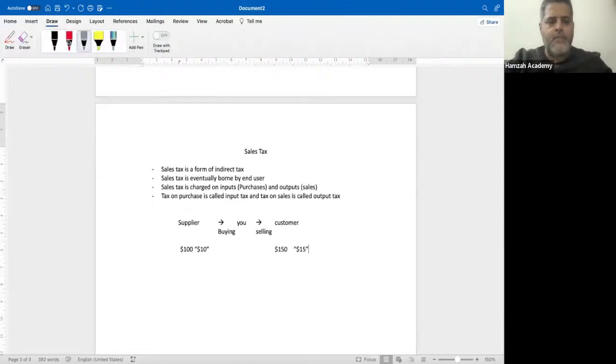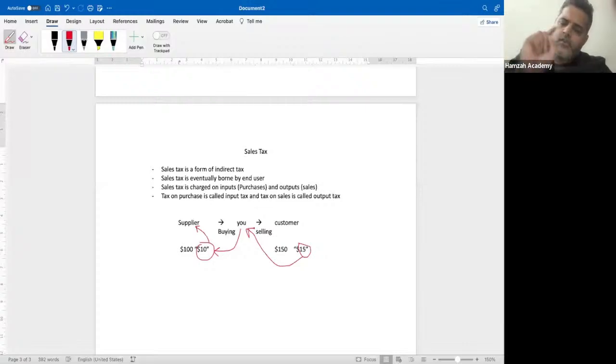So this amount of the tax is something that you are paying to the supplier, and this amount of the tax is something you are getting from the customer, because when the customer is going to pay you, he'll pay you the 150 now. So in this 150, this 15 is already over there, right?